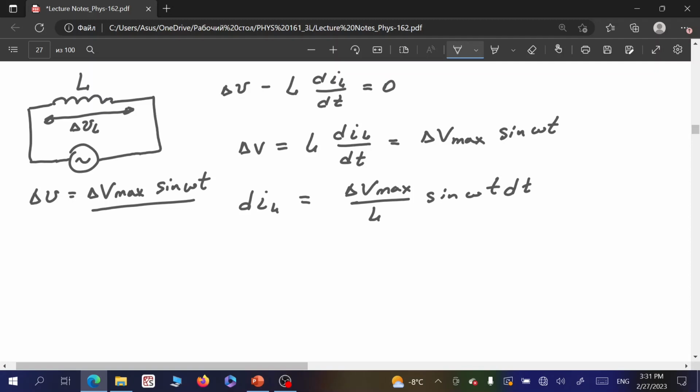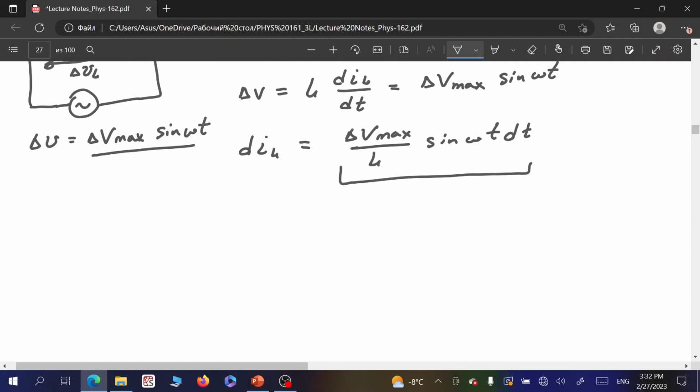So now in order to get the expression for the current, we need to integrate this expression over time. So IL is equal to delta V maximum over L integral of sine omega t dt.